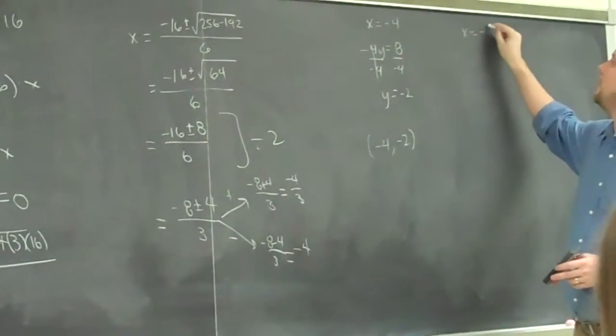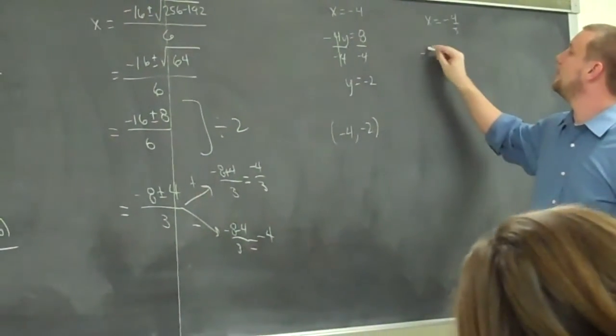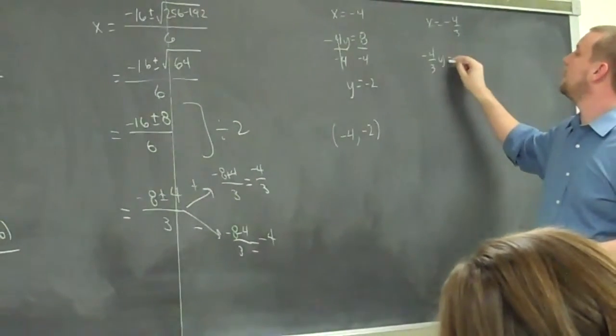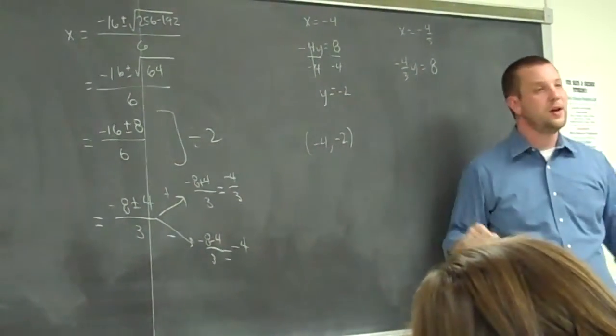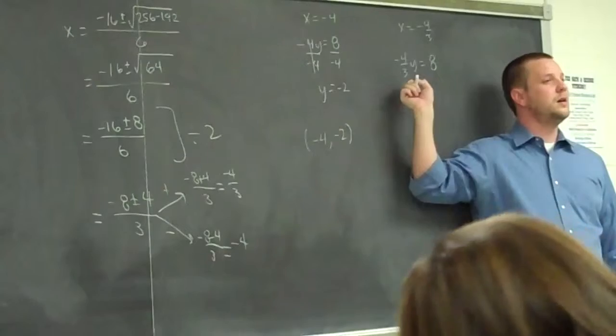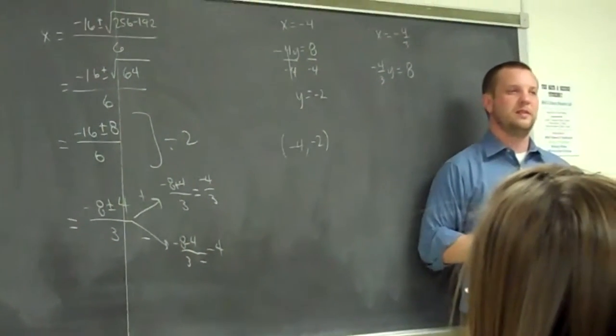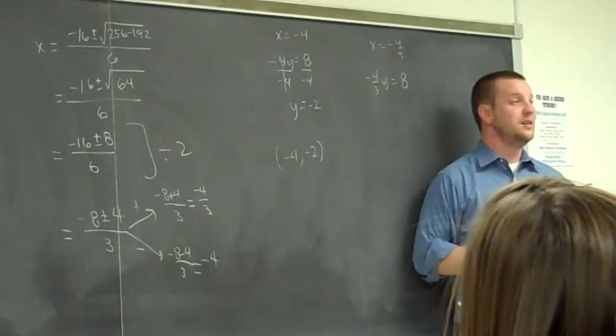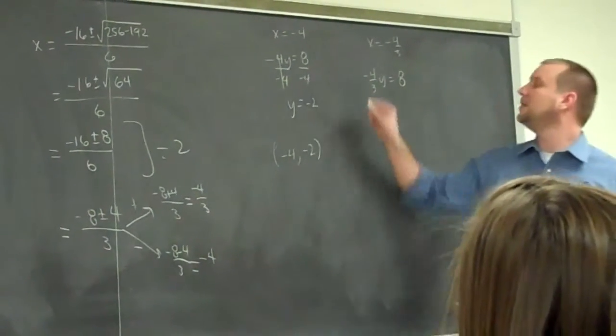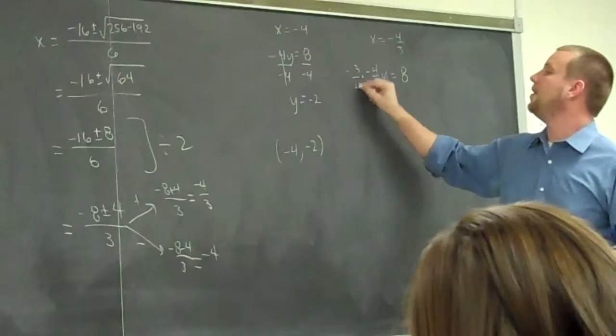And if x equals negative 4/3, then tell me, what can I do to solve for that y? How do I get rid of this negative 4/3? Don't say divide by negative 4/3. Multiply by the reciprocal, right? That's the faster, cleaner way of getting there.